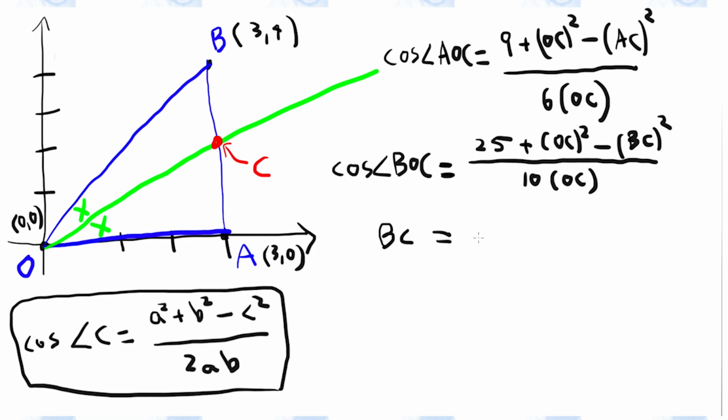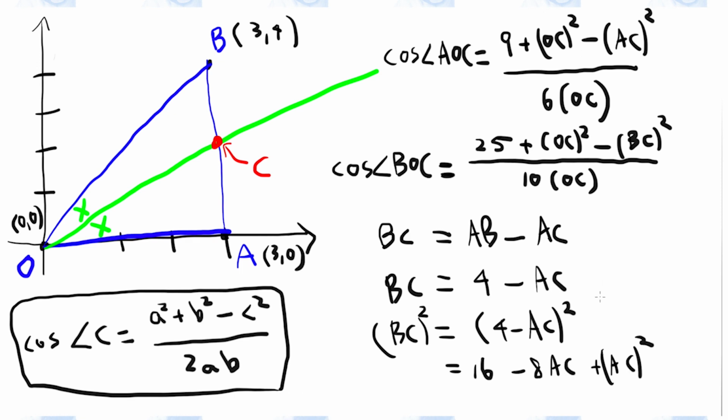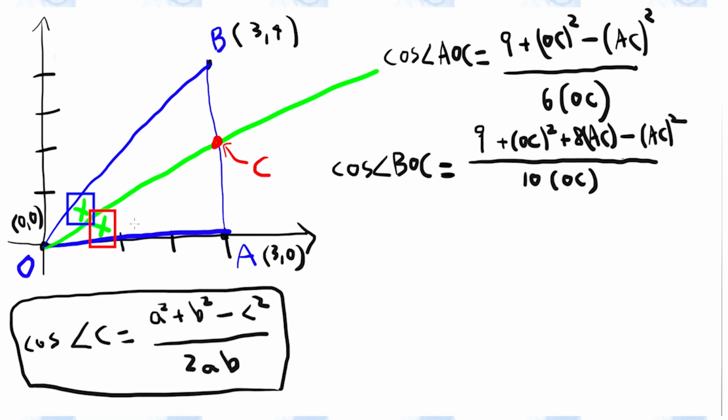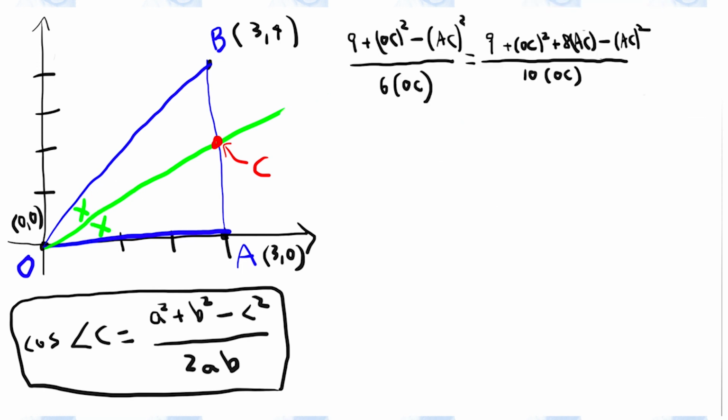BC is AB minus AC. The length of AB is 4, so BC is 4 minus AC. So BC squared is 4 minus AC squared. And since these 2 angles are equal, this must be equal to this. So let's multiply both sides by 30 OC.